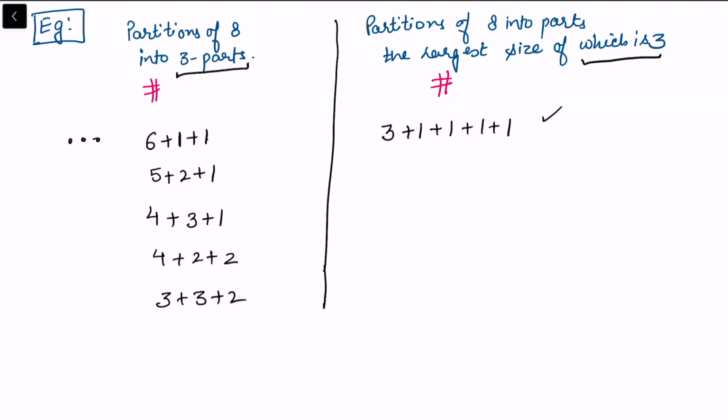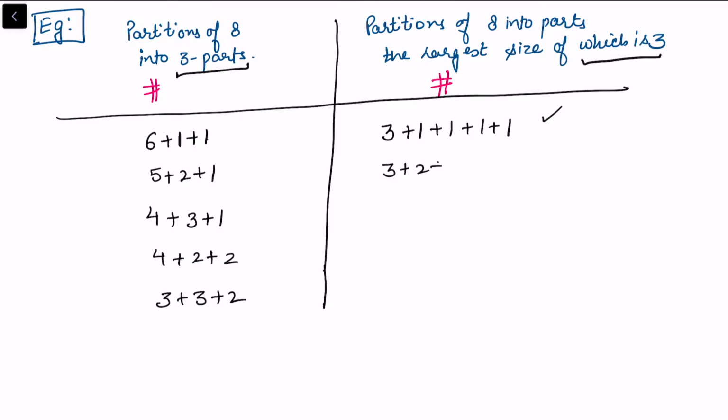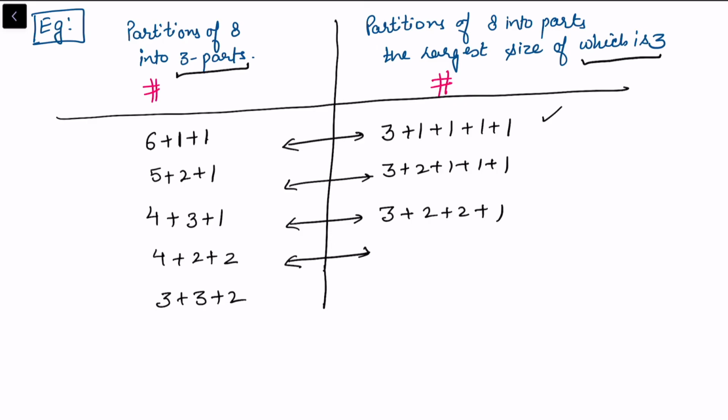Similarly, following the same steps, 5 plus 2 plus 1 corresponds to 3 plus 2 plus 1 plus 1 plus 1, and 4 plus 3 plus 1 corresponds to 3 plus 2 plus 2 plus 1. This is how they translate into one another. For 4 plus 2 plus 2, I show 4 dots in the first row, 2 dots in the second row, and 2 dots in the third row.